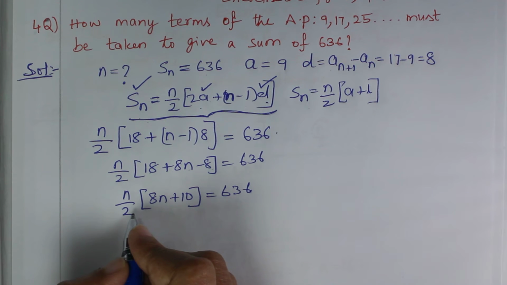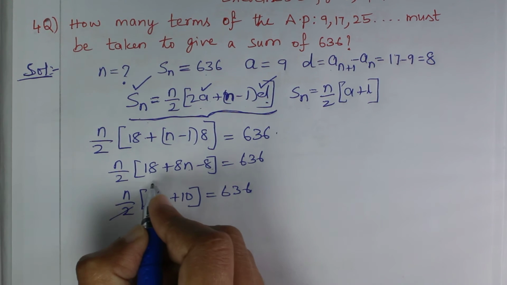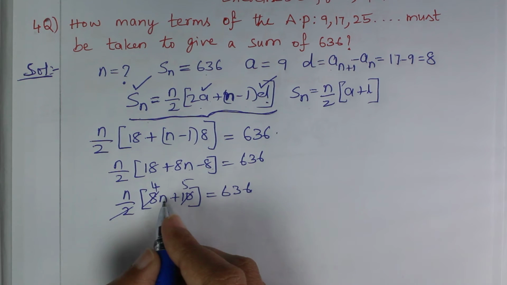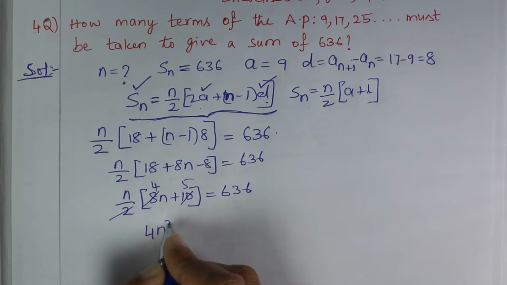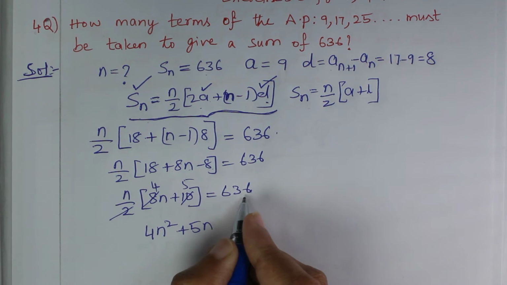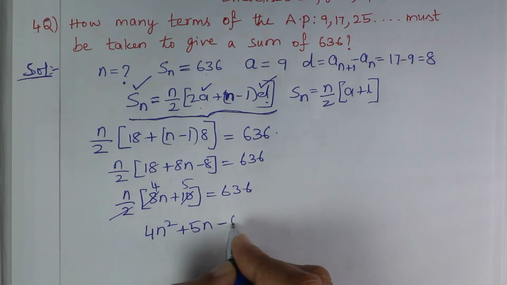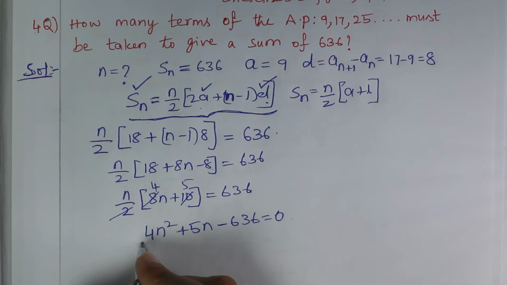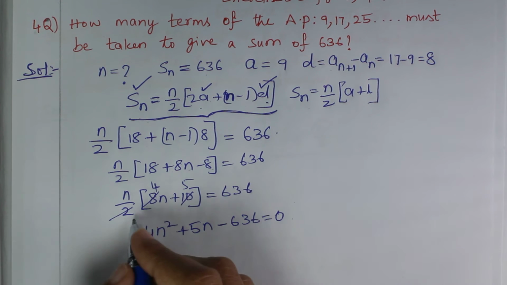Now I'll divide this equation by 2. 2 ones are 2, 2 fours are 8, 2 fives are 10. So 4n into n is 4n square plus 5 into n is 5n. This 636 comes to this side, minus 636 is equal to 0. So we got this equation. We got a quadratic equation.